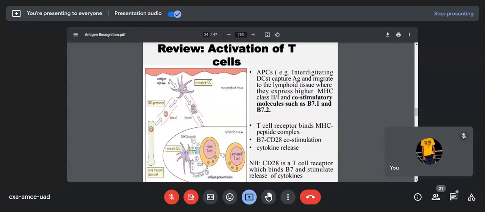So when CD28 meets up with B7 of a B cell, there will be an activation reaction between the B cell and the T cell, which I'll talk about in a few weeks from now. That was just a glimpse.